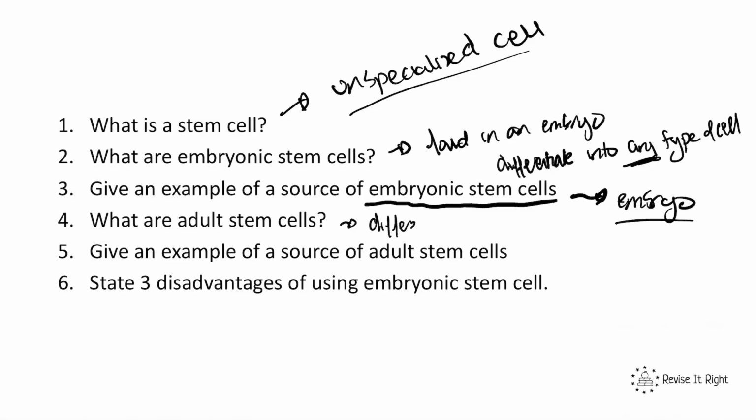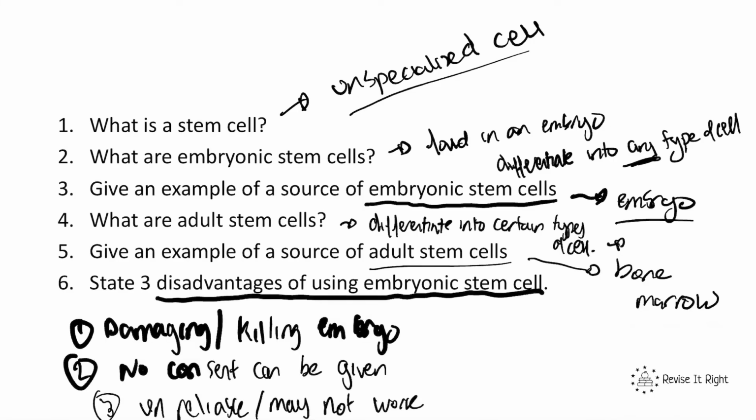Number 2 is that no consent can be given. Okay, and number 3, it's potentially unreliable and may not work.